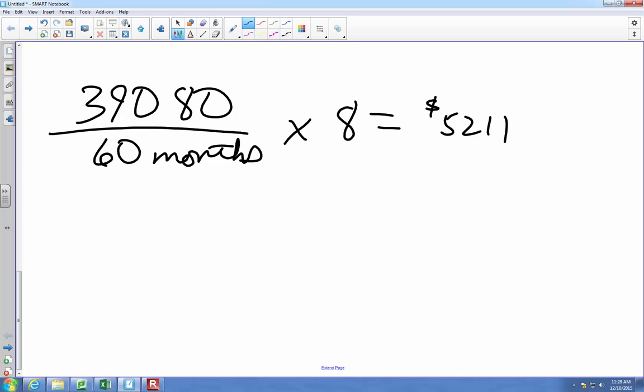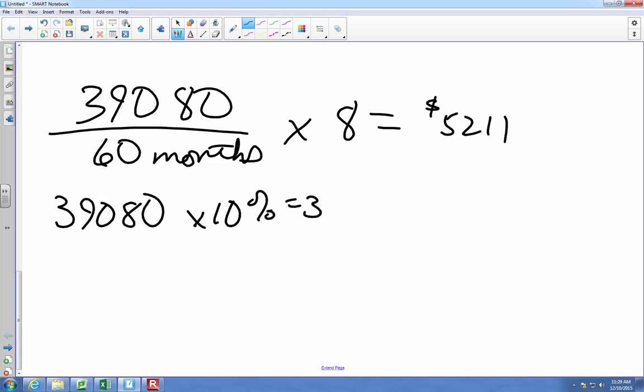Then it says do it using the MACRS elections. In this case, I go to table 7-3, and I pick up the percentage. And on table 7-3, I think the percentage is 10%. So 3,908.